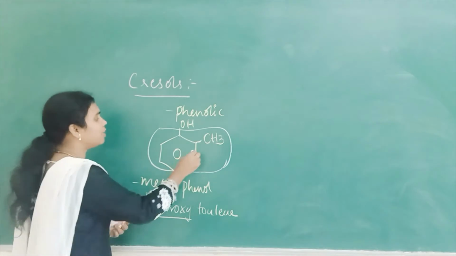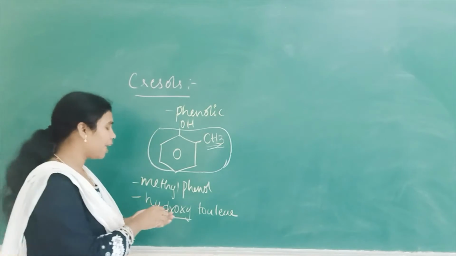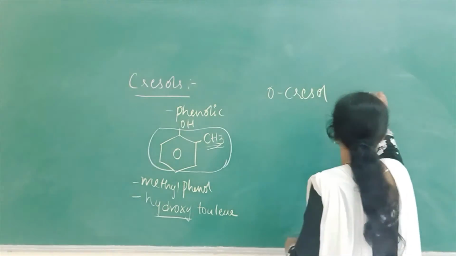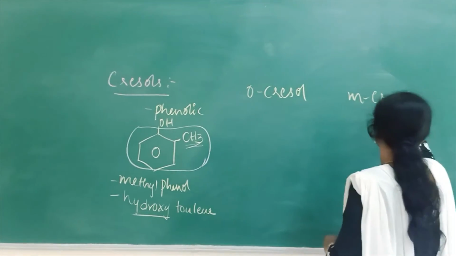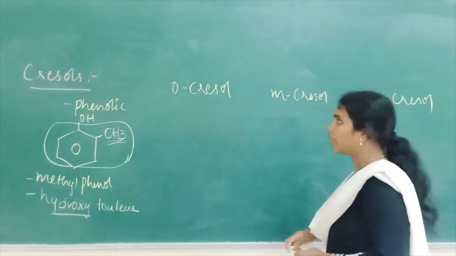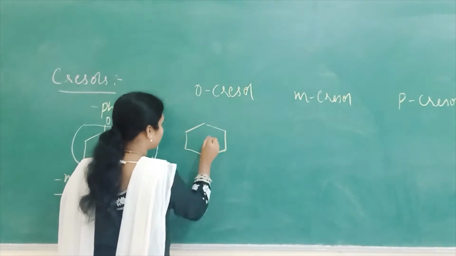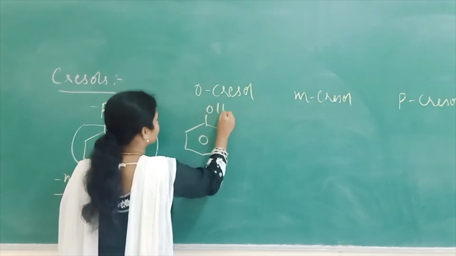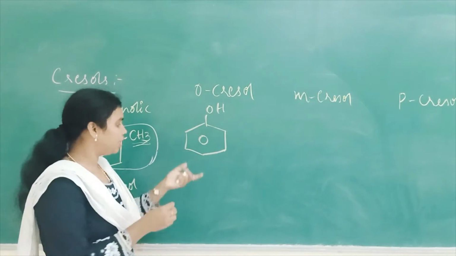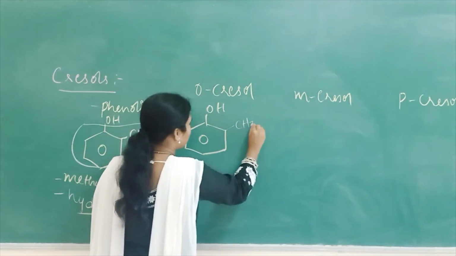Based on the methyl group position, these cresols can be written as orthocresol, metacresol and paracresol. First of all let us write the hydroxyl group here, OH, the key functional group. When we say ortho position, this is the ortho position, we need to write the methyl group here.